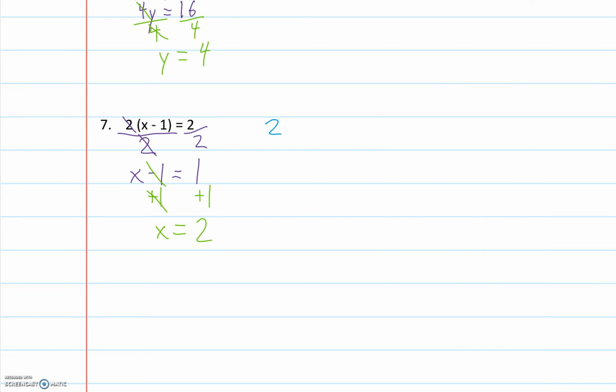So if I just write it again. Okay, when you have a bracket, you can actually multiply in whatever is beside it. Okay, so we'd have 2x minus 2 equals 2. And then we want to add the 2 here, add the 2 to move that over.